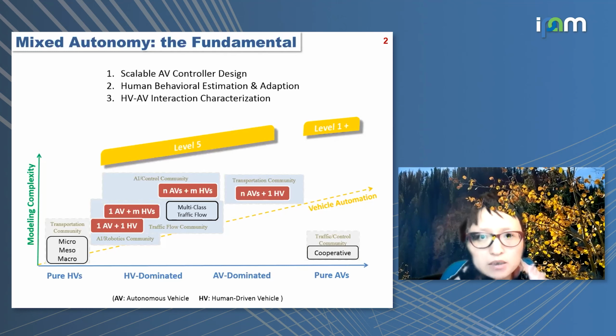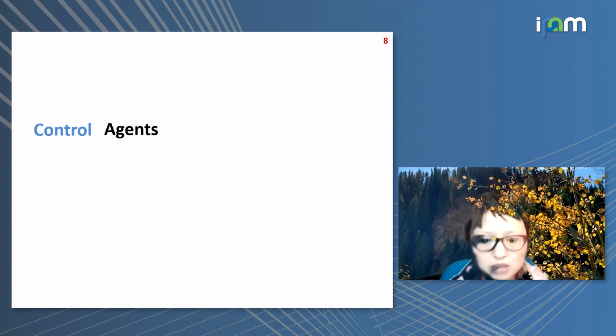But for the mixed traffic phase, I think we really need level 4 or level 5 automation to deal with this complex situation, especially the irregularity and the randomness of human drivers. I want to convince you of this message using some video that I will show you soon.